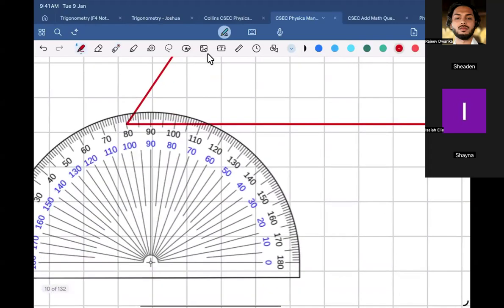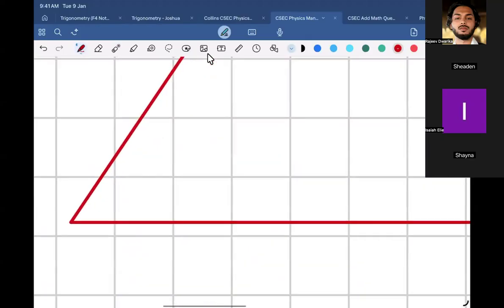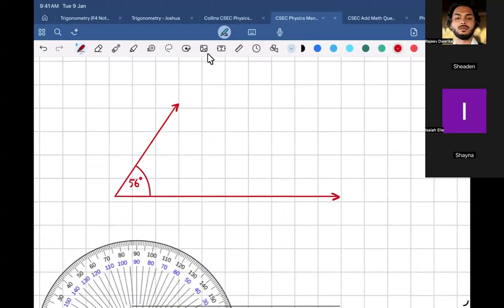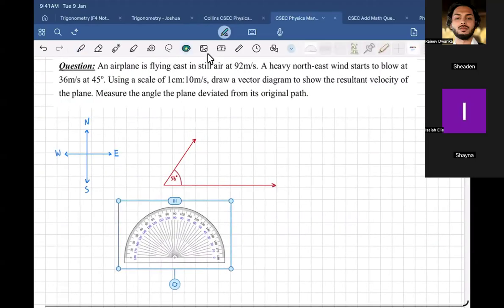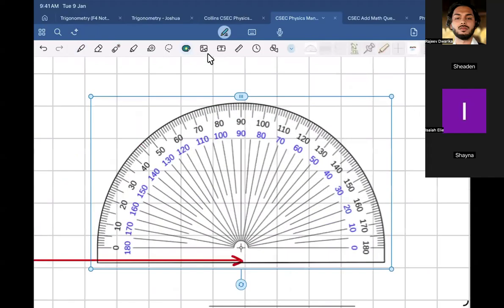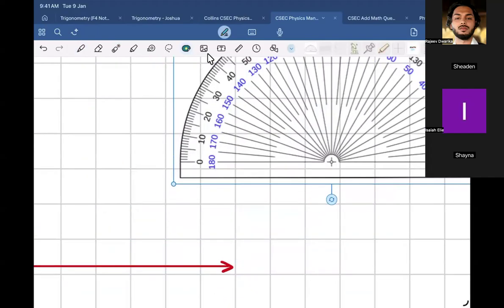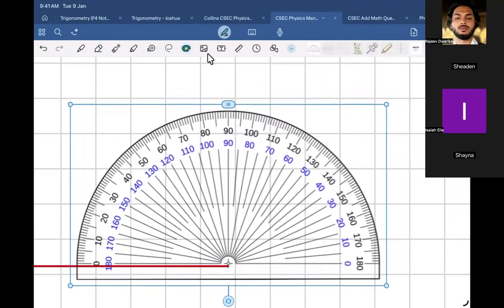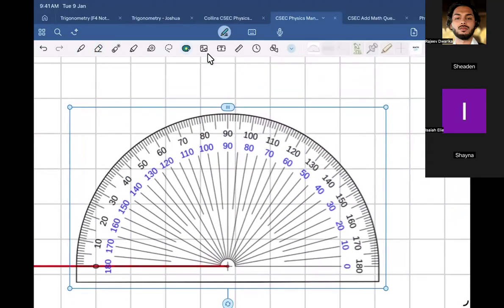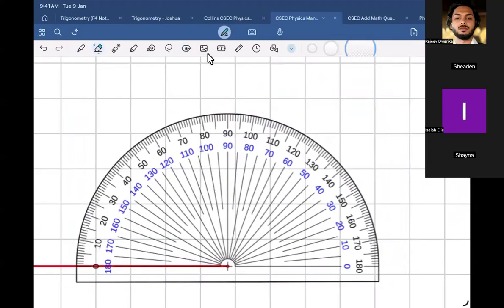So you need to measure the angle between the two forces. This is going to be 56 degrees. And then you're going to come to this end, like so. I'm going to measure 56 on this end as well.